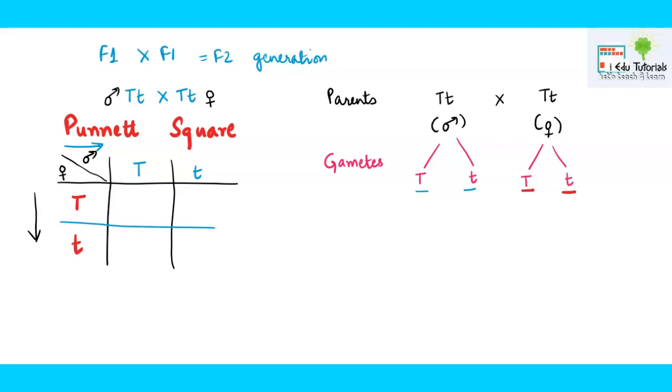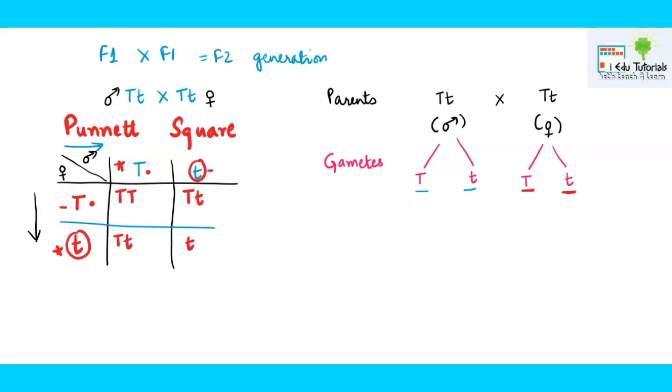Now how do we have to go about it? We will first cross this with this, so it will become capital T, capital T. Now we will cross capital T with small t. Always the dominant allele has to be written first and then comes the recessive allele. Then we will cross this with this and it will become capital T small t, and then we will cross this with this.